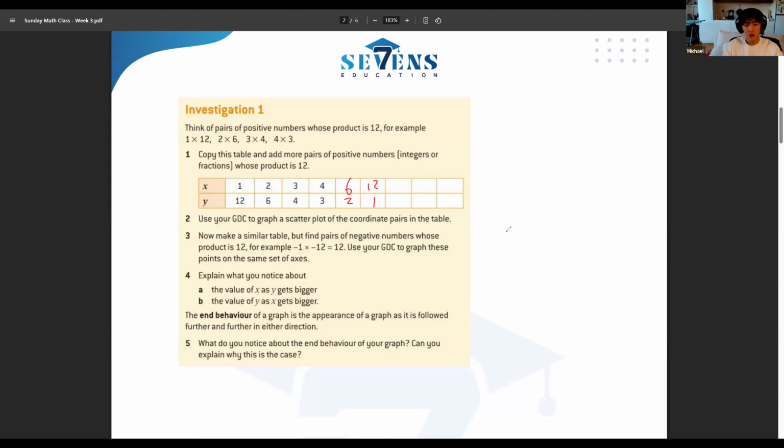So that's it. And what we want to do after is plot this thing. They're all positive, so we can just do something like x is 1, y is 12, right? And then 6 and 2, and then 3 and 4, 4 and 3. Oh, I think I plotted this one too low.